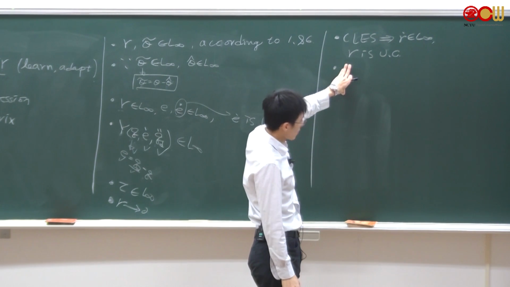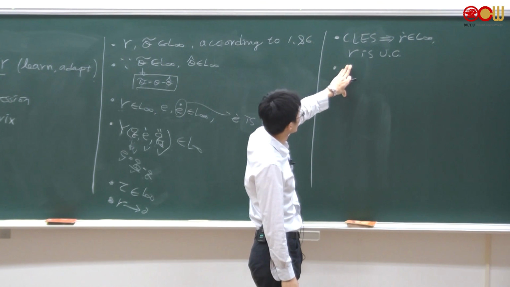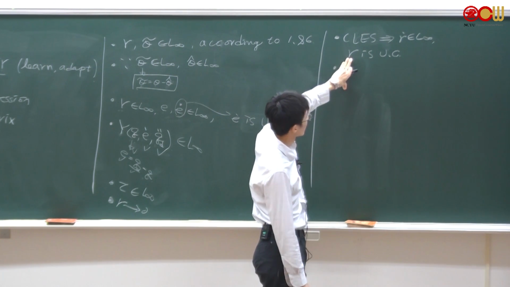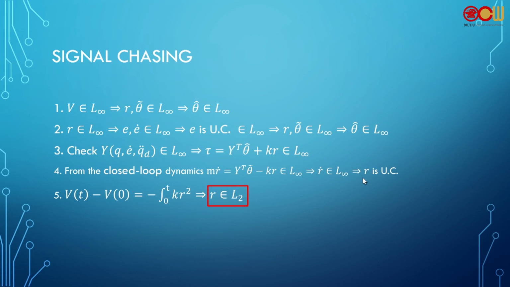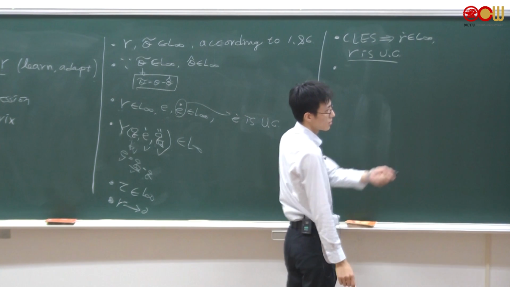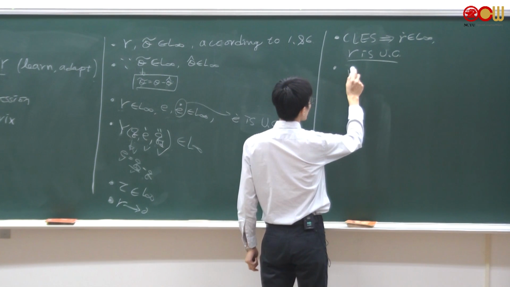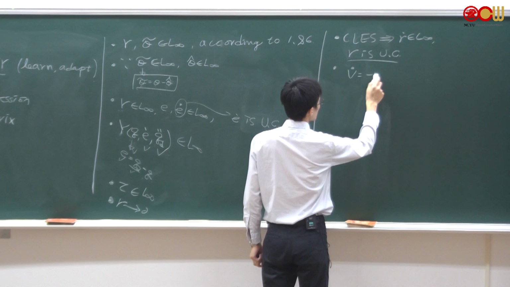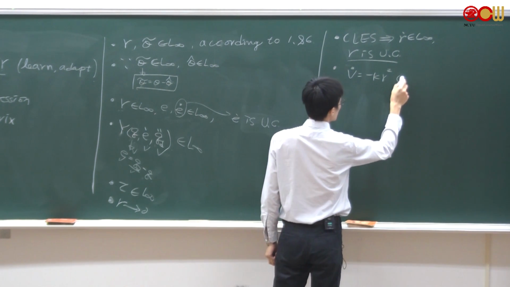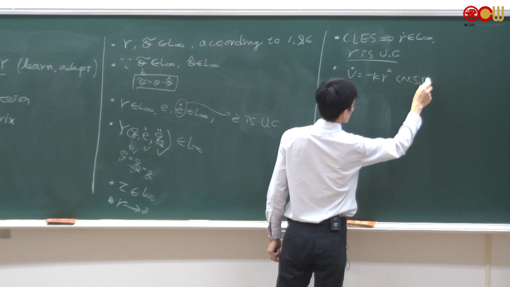and remember the Barbalat's lemma says a signal has to be uniformly continuous and it has to be an L2 function. Then you can show that it will converge to 0 as t goes to infinity. You also need to find that R is an L2 function. Remember, we showed that V dot is NSD in the previous slides.